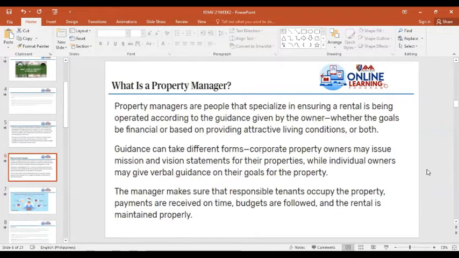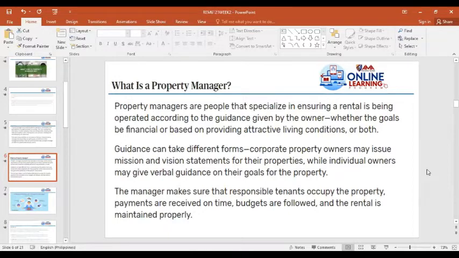So what is a property manager? Property managers are people that specialize in ensuring a rental is being operated according to the guidance given by the owner, whether the goals be financial or based on providing attractive living conditions or both.